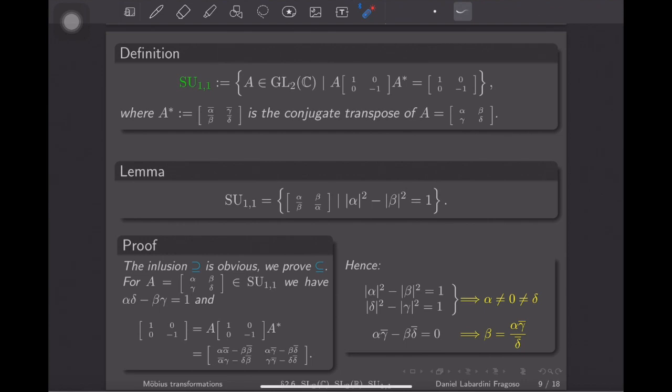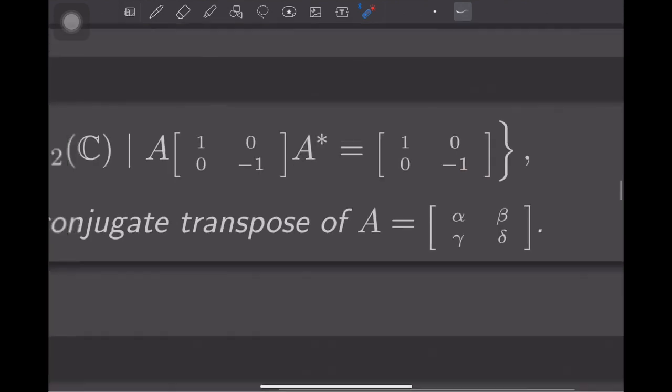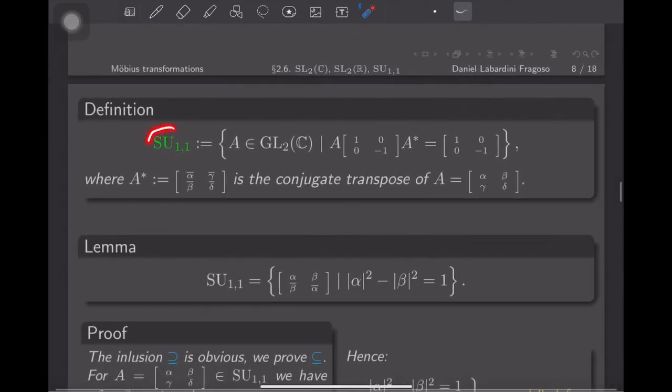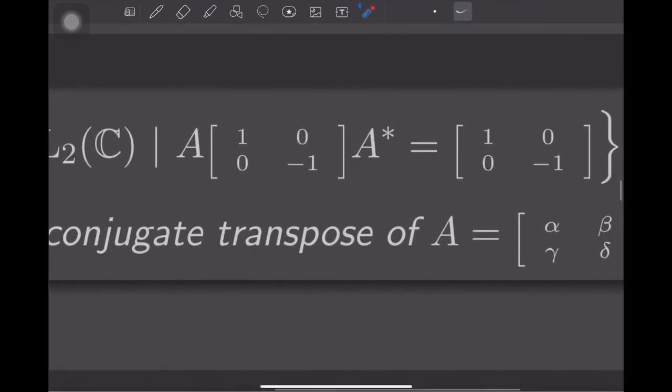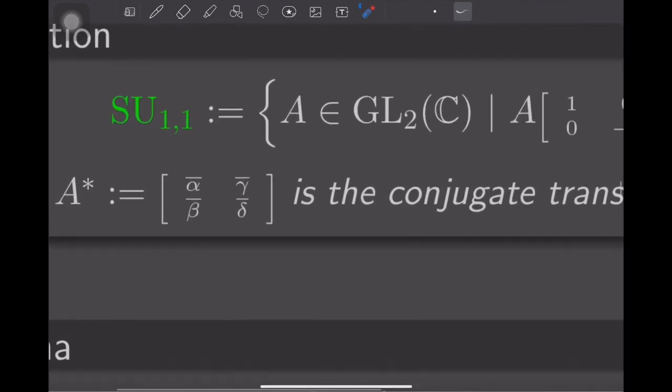So consider this matrix. It's almost the identity, but it's not quite the identity. And then define SU11 to be the subgroup of GL2C consisting of the matrices with the property that when I perform this sort of conjugation, but it's not quite conjugation because here it's not A inverse, but actually this other matrix.